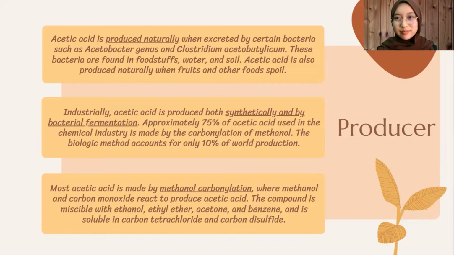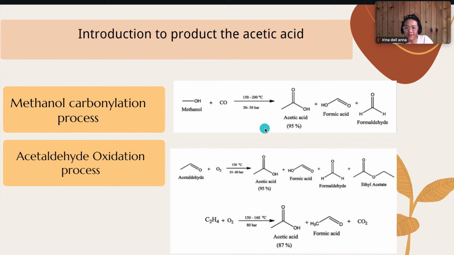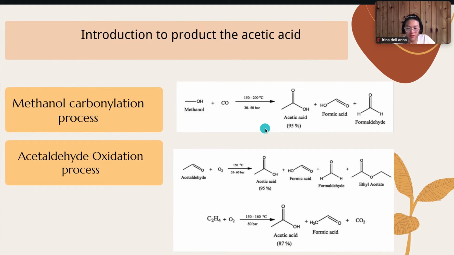Thank you. Acetic acid can be produced by chemical routes involving homogeneous and heterogeneous catalyst methods. Next, I would like to introduce three different processes for it. The carbonylation process is the most commonly used commercial route for acetic acid synthesis.